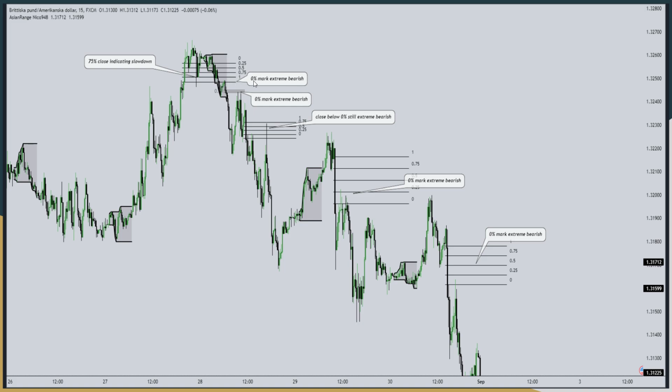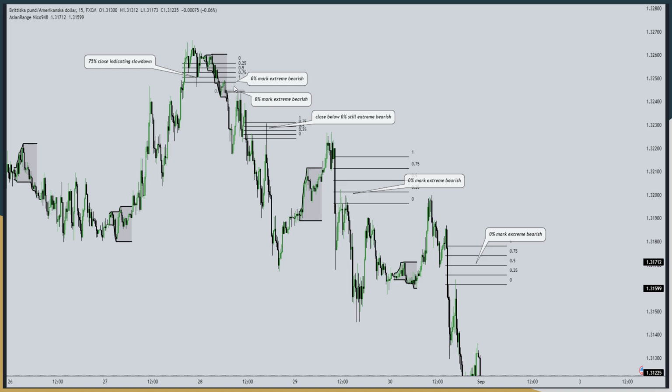And what you can see here is that now we're actually reacting off a 0% mark. So you have a 0% mark right here of this inversed, because this actually got inversed. So 0% mark indicating extreme bearish institutional outflow. Then you have another PD array reacting off a 0% mark extreme, which is equal to extreme bearish order flow.